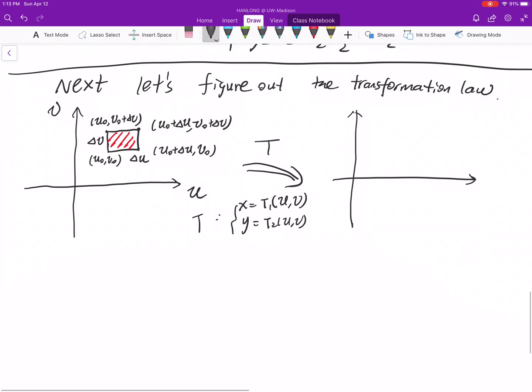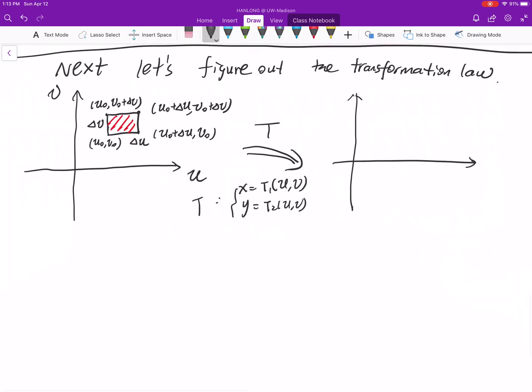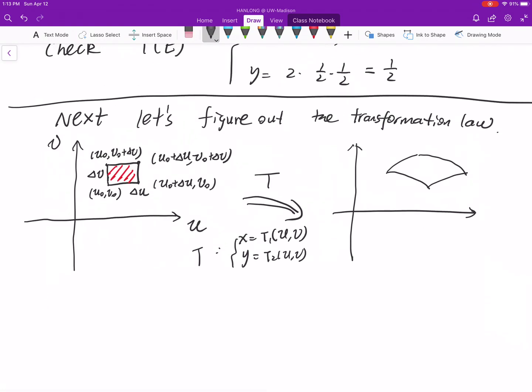And then the image, you can guess, in general, might be a curved rectangle. It's close to a rectangle, but not exactly. Okay, then let's denote these points. For simplicity, here I will change the notation to gamma.